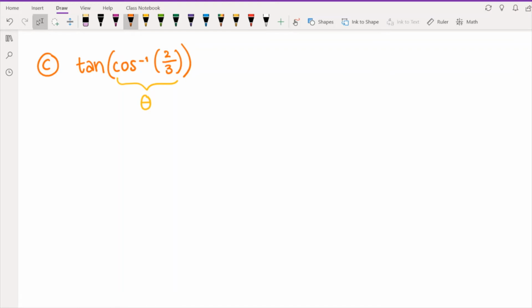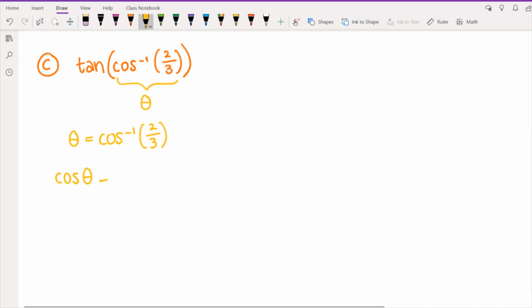So let me write this down here, we basically just said that theta is equal to inverse cosine of 2/3. And so what that means is that cosine of theta is equal to 2/3. And what is cosine? Cosine is adjacent over hypotenuse.